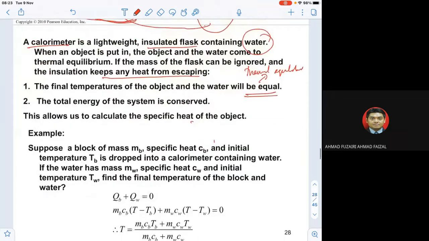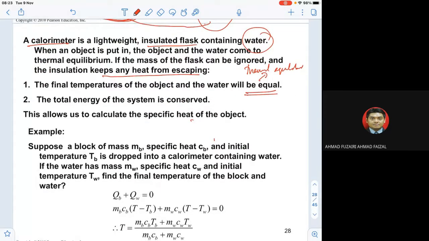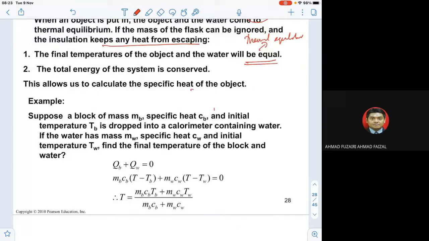Example: suppose a block of mass M, specific heat CB, and initial temperature TB is dropped into a calorimeter containing water. If the water has mass MW, specific heat CW, and temperature TW, find the final temperature of the block and water.